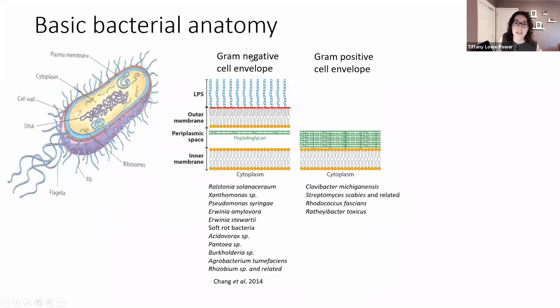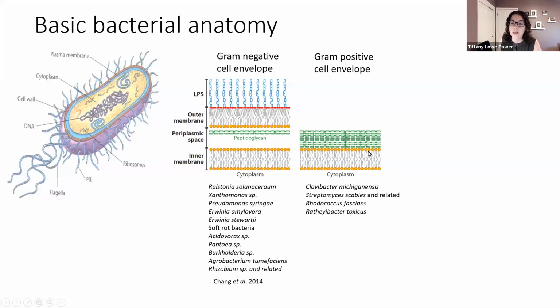So we classify bacteria as either being gram-negative or gram-positive. And the gram-negative organisms have this inner membrane, and then they have a thin peptidoglycan cell wall, and then an outer membrane composed of lipopolysaccharides, which is this LPS layer.